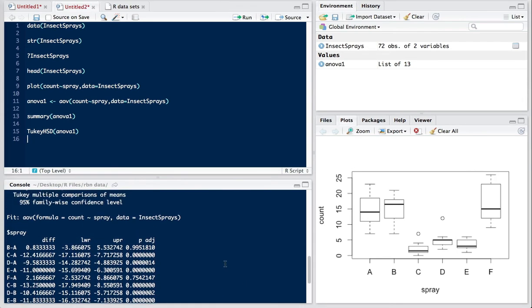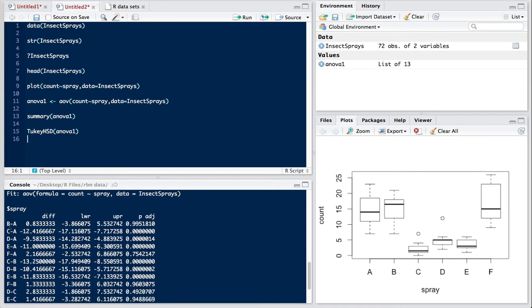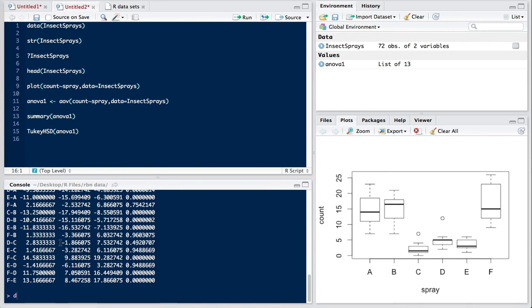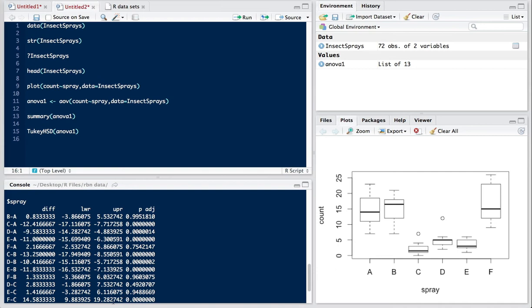So what this particular output is showing is comparing B to A, C to A, D to A, and it continues on down until we compare F to E. What we're interested in is, well, you can see the difference between B and A right here.